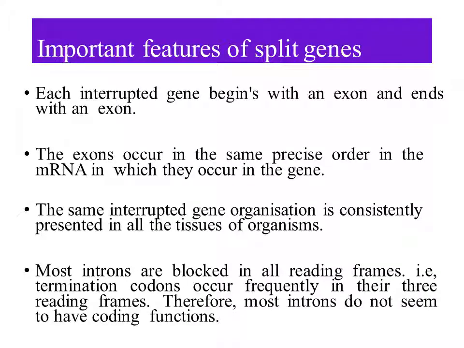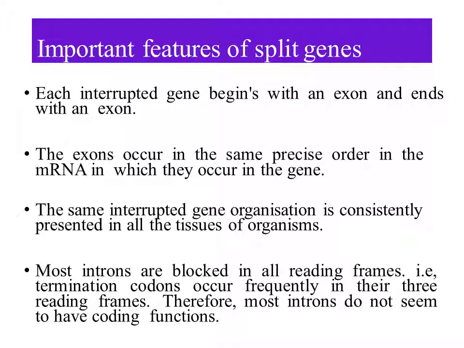As I already told you, split genes always begin with an exon and end with an exon. The same interrupted gene is present in all the tissues of a particular organism.